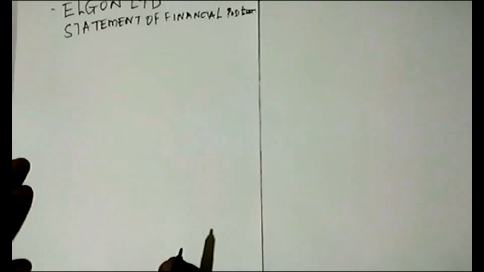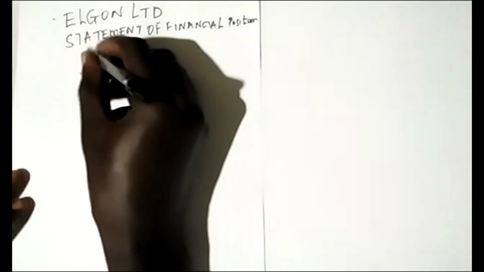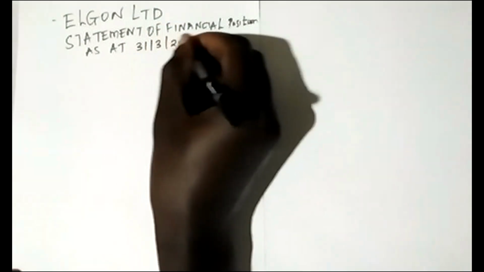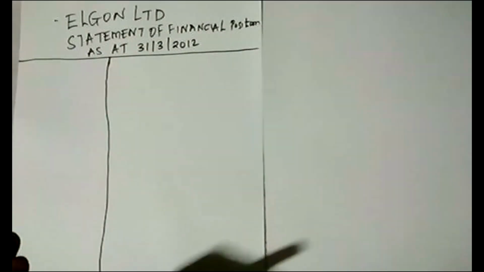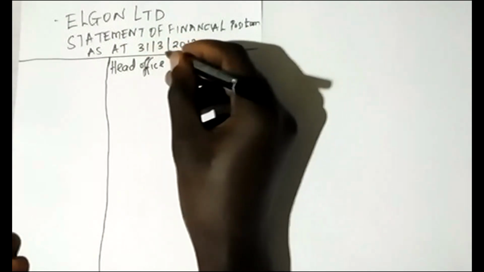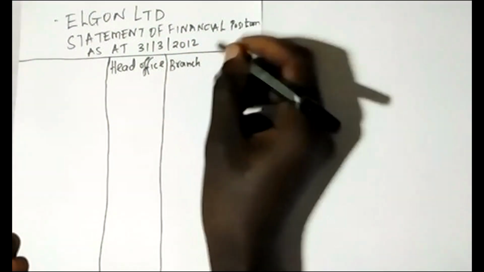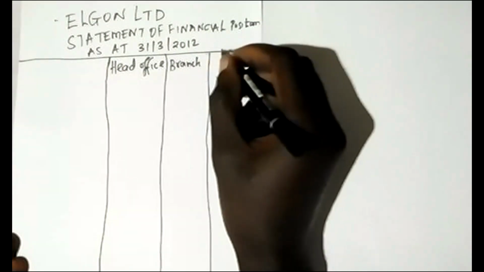So as at, so our financial year was ending on 31st March 2012. So we talk about head office. We talk about the branch. And we talk about the combined.